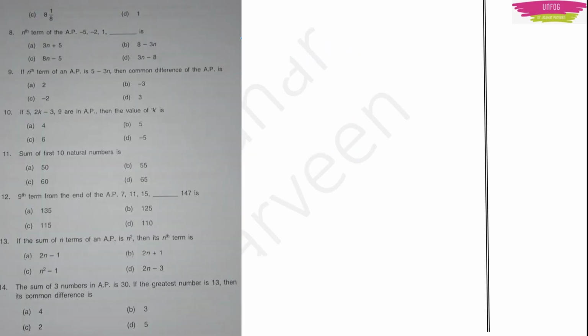Question number 8. The nth term of AP. They have given one arithmetic progression: minus 5, minus 2, comma 1. You have to find the nth term. What you do? We know that an is equal to a plus n minus 1 into d. A according to the arithmetic progression, a here it is minus 5, plus n minus 1 into d.